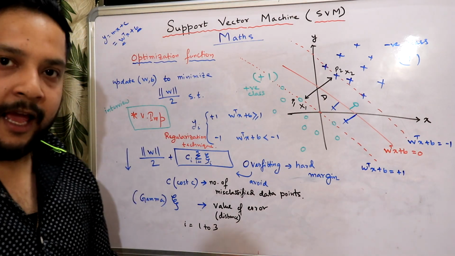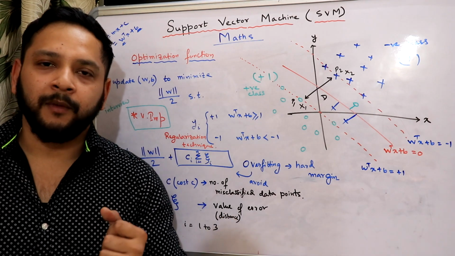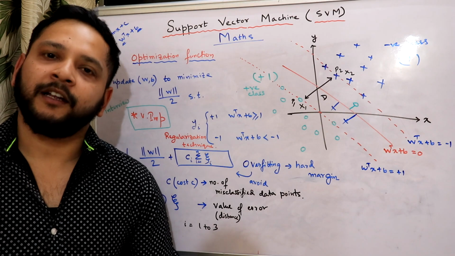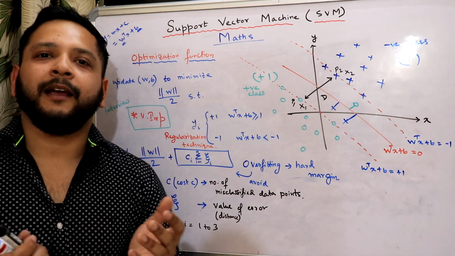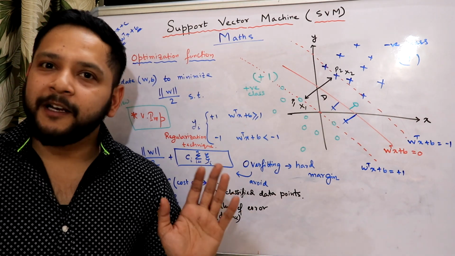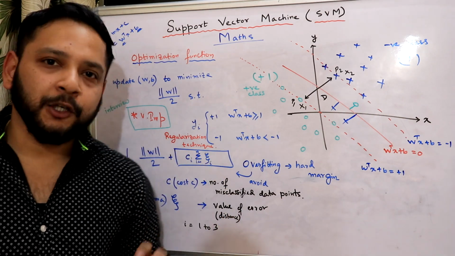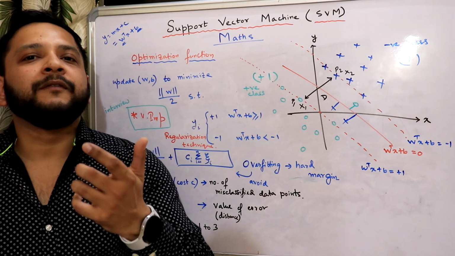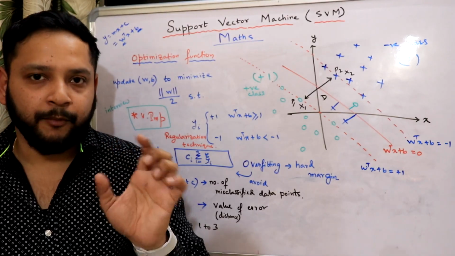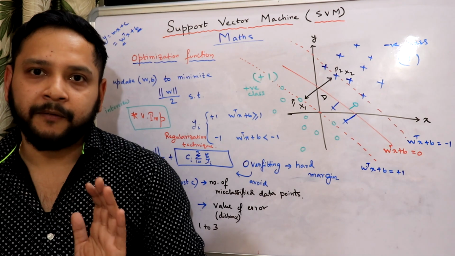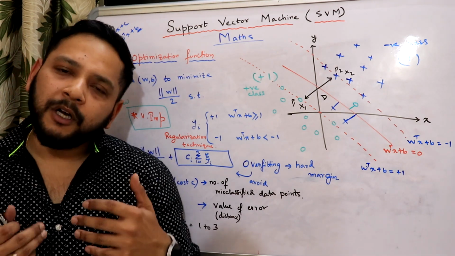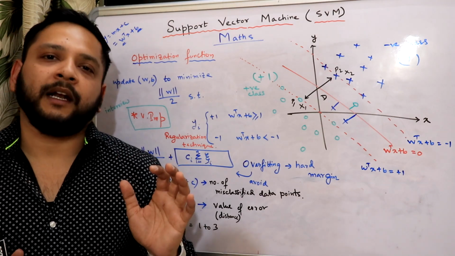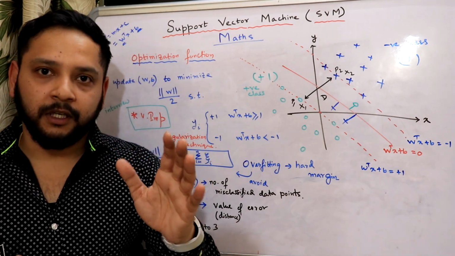So in practical life, what do people do in SVM? We generally use Python, because Python has lots of open source libraries and it is very easy to use. In Python, we generally import the SVC classifier, that is the support vector classification classifier. Without knowing what is given as an argument to this function, we just blindly use it.